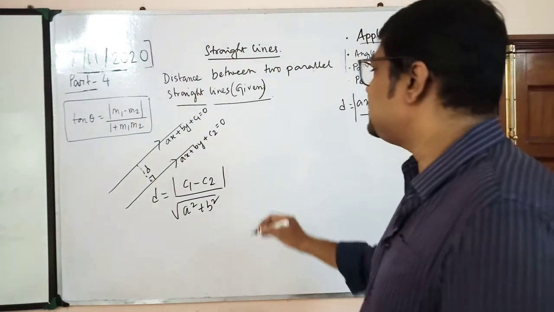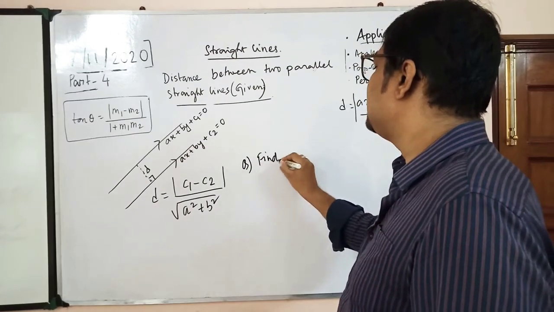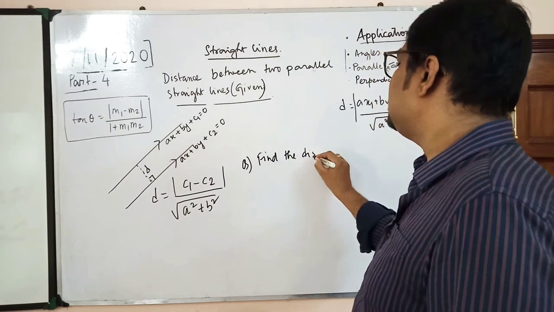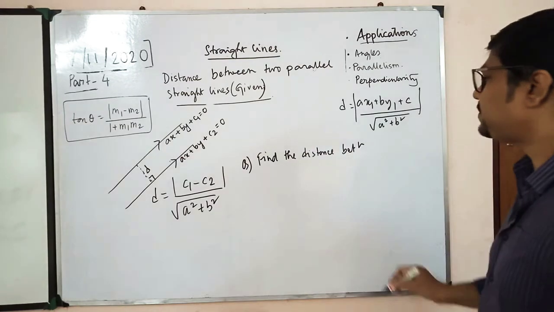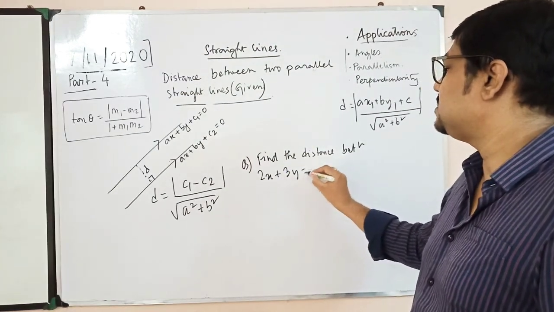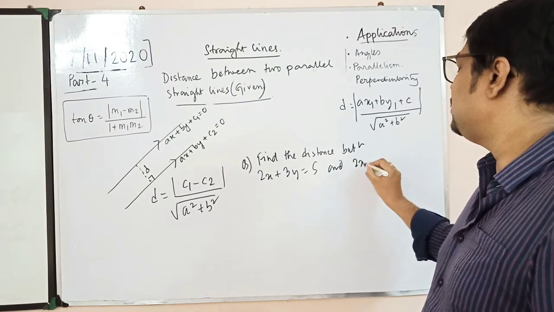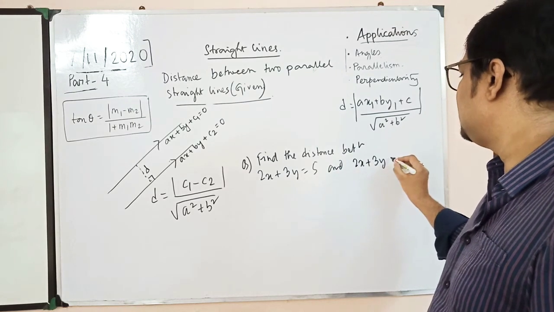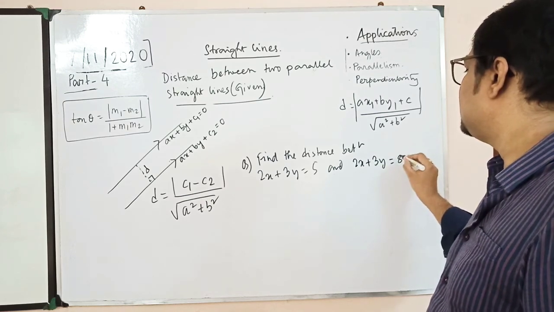So if you can do some sum on this, it will be: find the distance between 2x plus 3y equals to 5 and 2x plus 3y equals to 8.